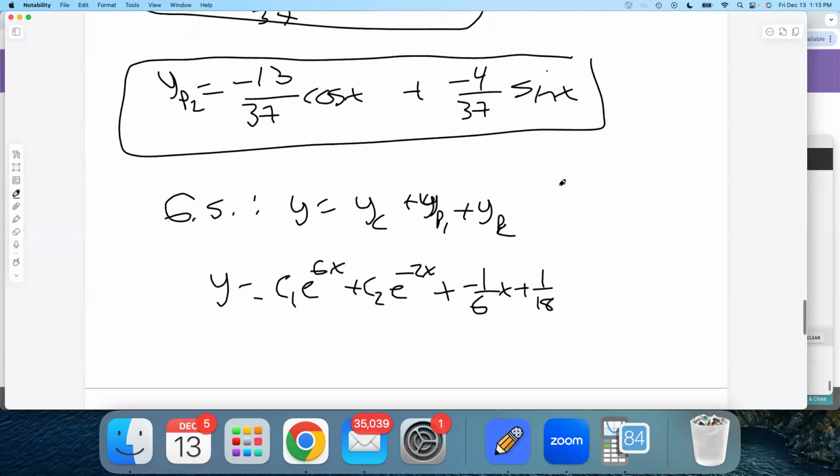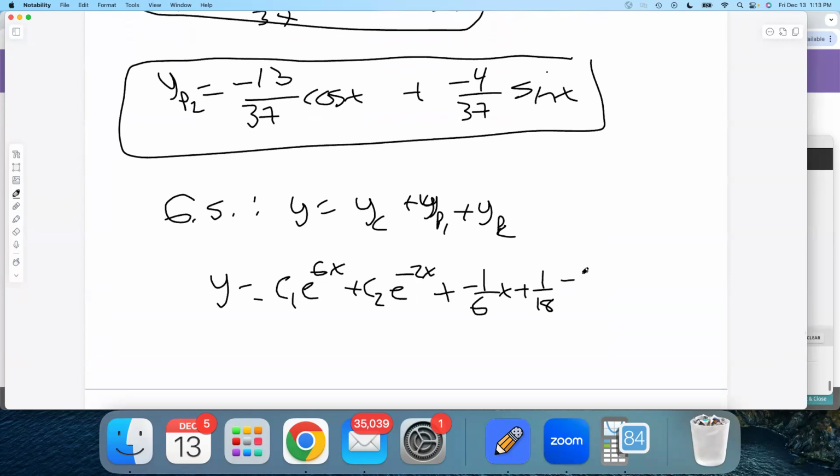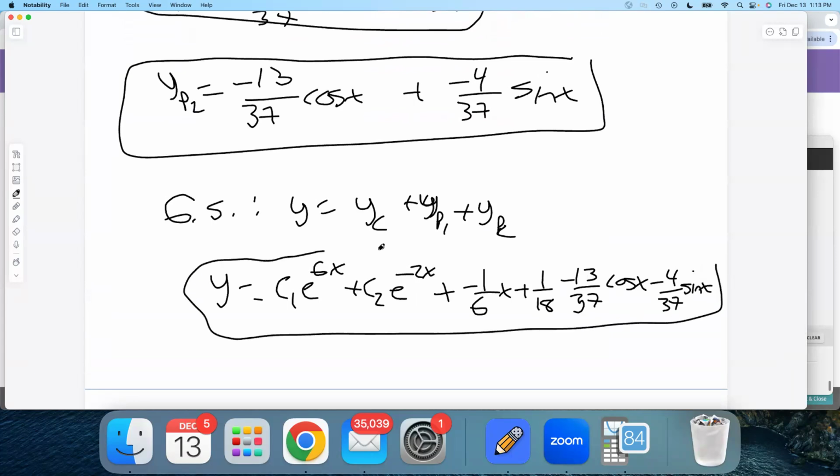And then we've got this guy. So we'll just tack him at the end. -13 over 37 cos, -4 over 37 sine. Now, this is really important.